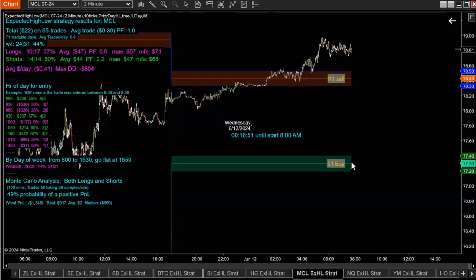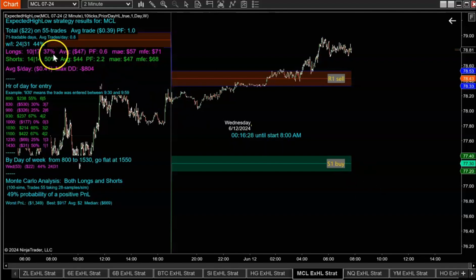Now, it varies for every market. We're looking at 71 tradable days, so 71 Wednesdays. This is only looking at Wednesday data, and we have that kind of bias. So if we hit support 1, I would be considering staying short or looking for short signals in whatever system you're trading.